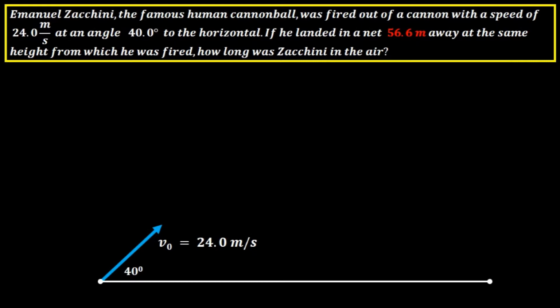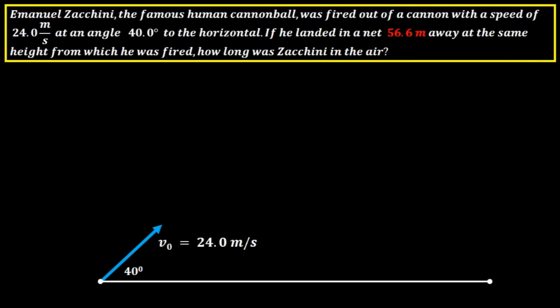Well, here's the setup. We know that he's going to be landing 56.6 meters away. 24 meters per second is going to be his initial velocity, v naught. The angle is going to be 40 degrees.